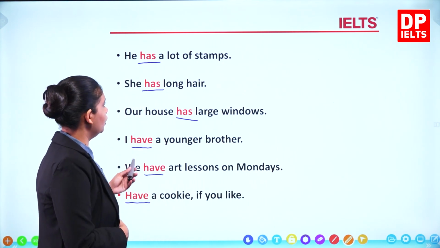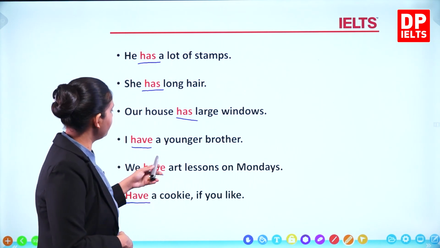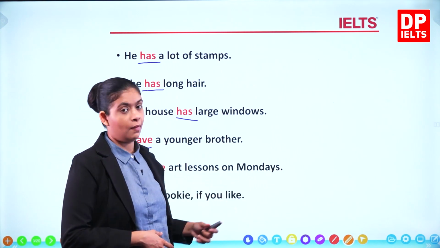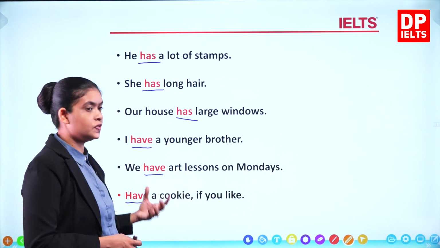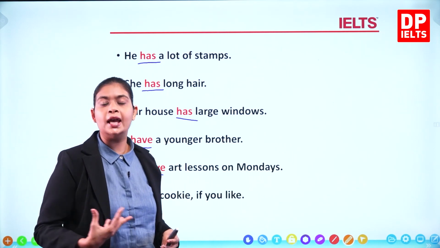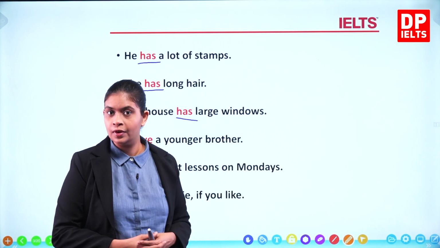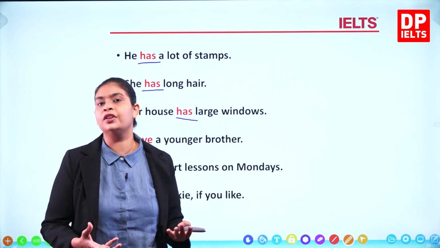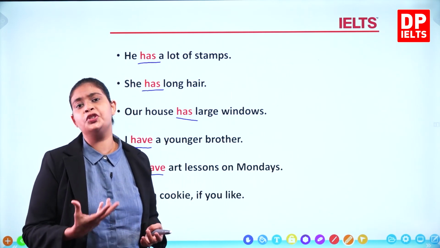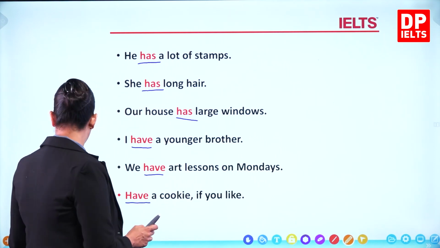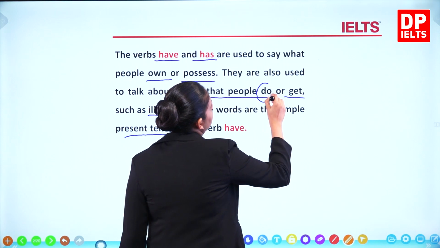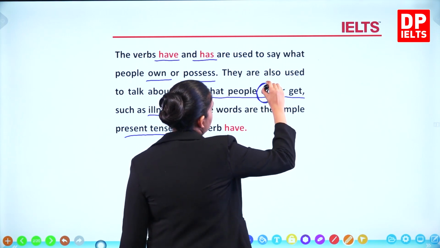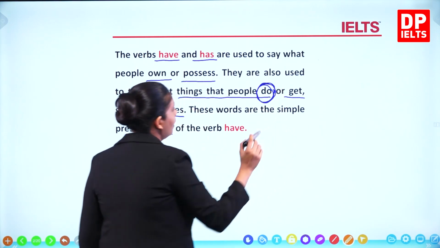Next one. We have art lessons on Mondays. Right? Because it is something that we as a group have, because we do it, not because we own it. Remember, here there is this word do, things that people do.